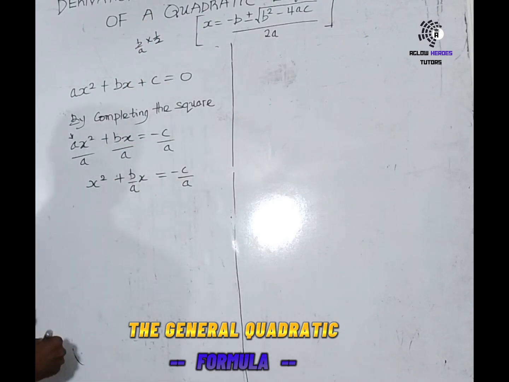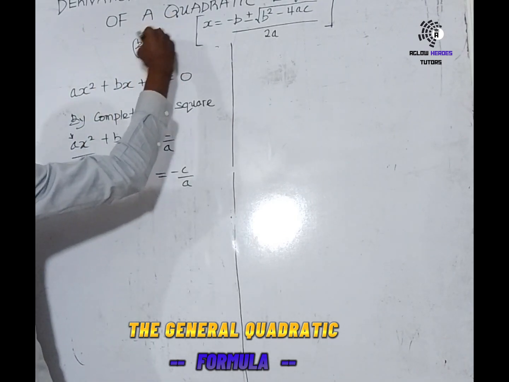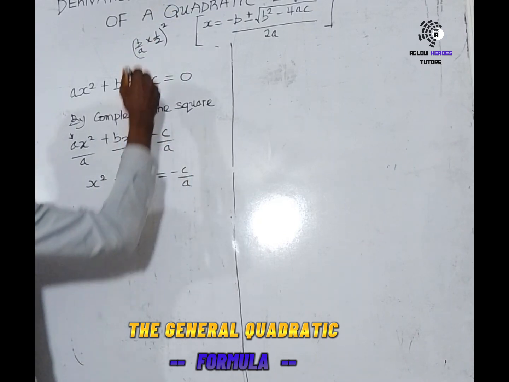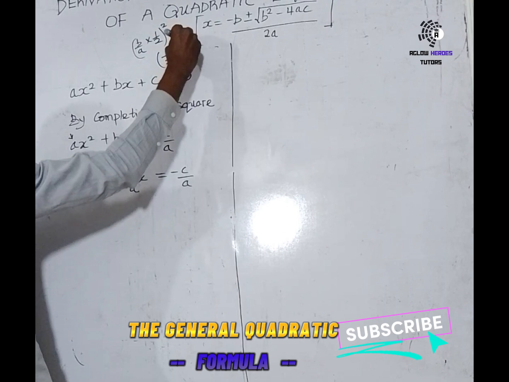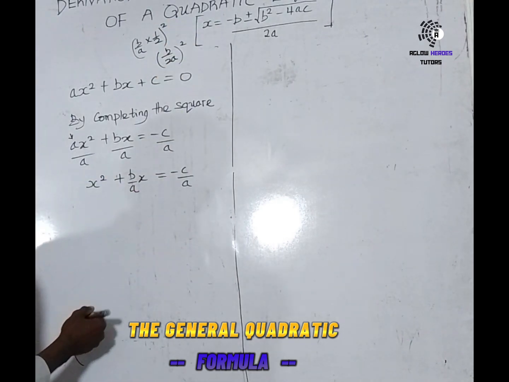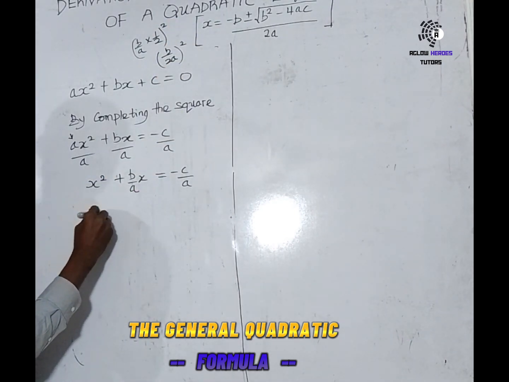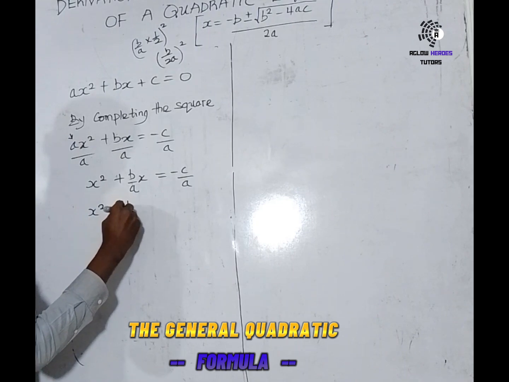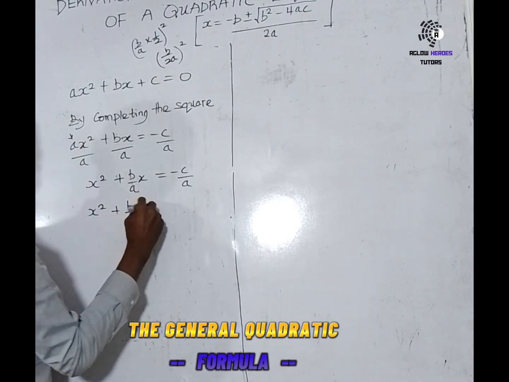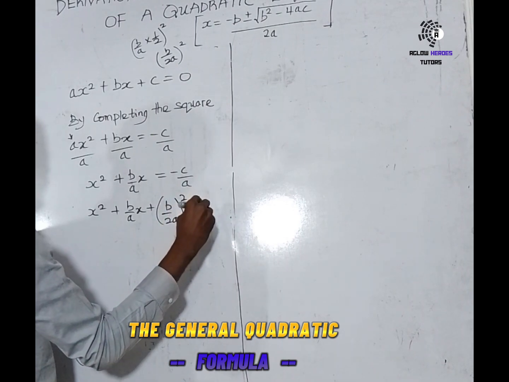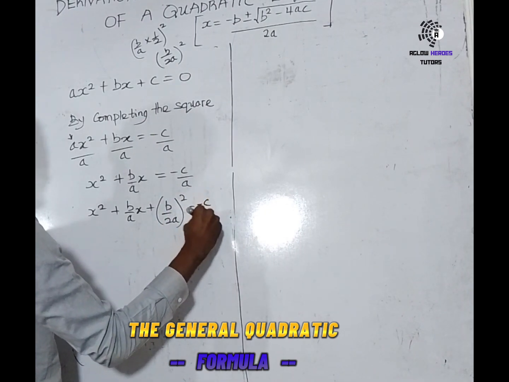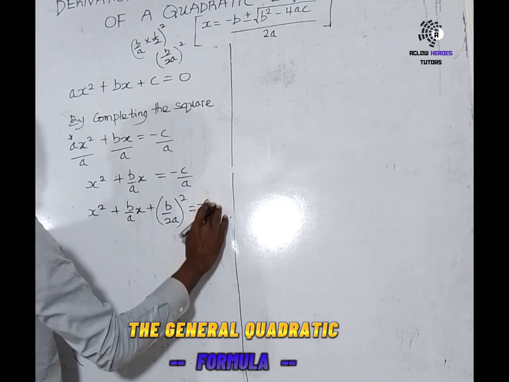That means you're looking for half of b over a, and then we're going to square it and add it to both sides. So half of this is b over 2a, and we add it to the left hand and right hand side of the equation. So we'll have that x squared plus b over a x plus b over 2a all squared is equal to negative c over a plus b over 2a all squared.